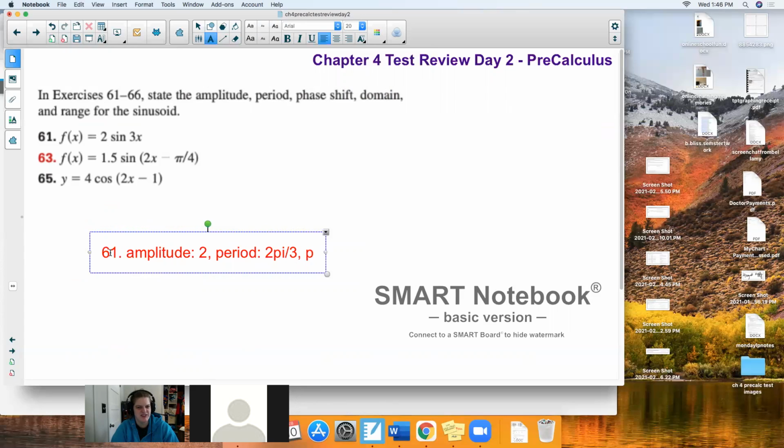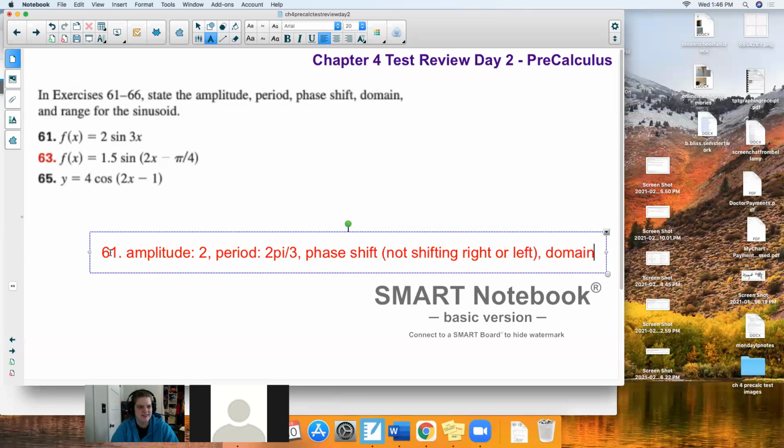The phase shift is none, meaning it's not shifting right or left. So that's nice. And then our domain, well, for sine, used to be all real numbers, and now that I've made it taller and happen more often, it's still going to be all real numbers. So yay.